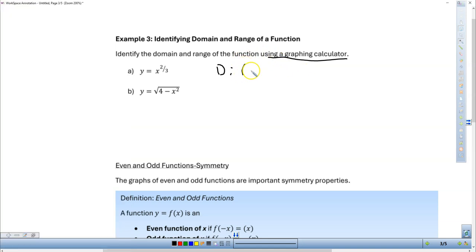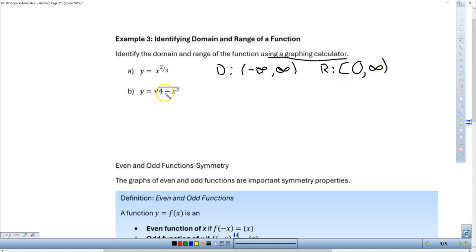We can simply say that it's going from negative infinity to infinity. And our range is following something similar, except it never goes below 0. And because it doesn't go below 0, that means we have a closed interval here. So I'm going to use 0 here, and it's going, technically, to infinity.